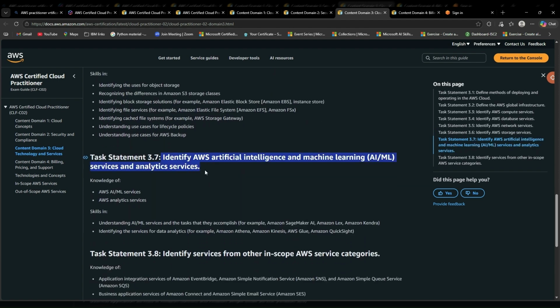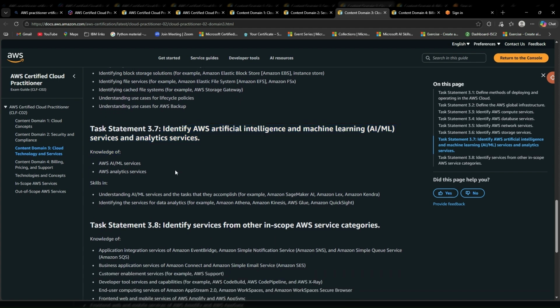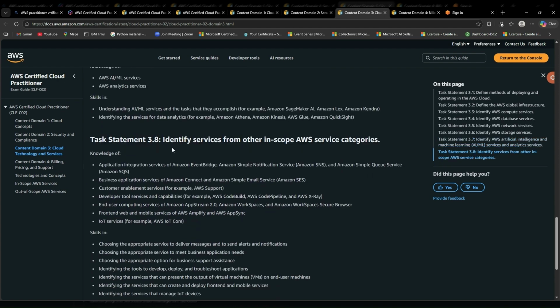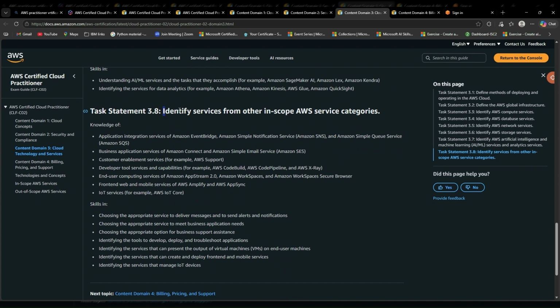Identify artificial intelligence and machine learning, AI and ML. You don't have to go in depth, but you just need to understand what services are provided, in case your project is in AI or ML, that you can leverage in the AWS ecosystem. The last one is to identify services from other in-scope AWS service categories.